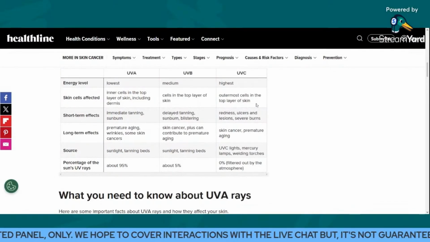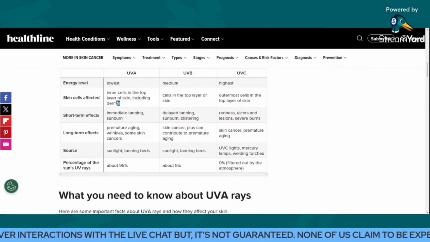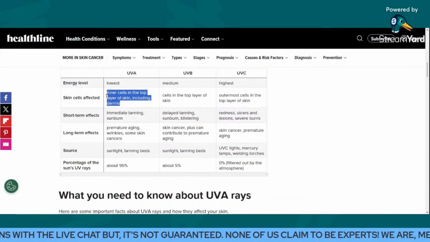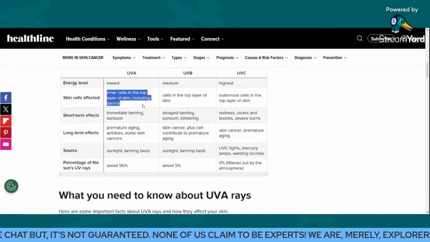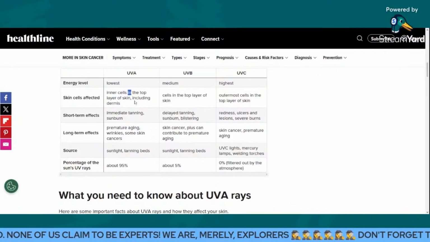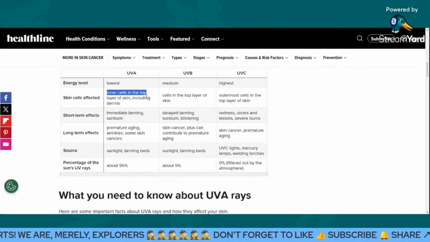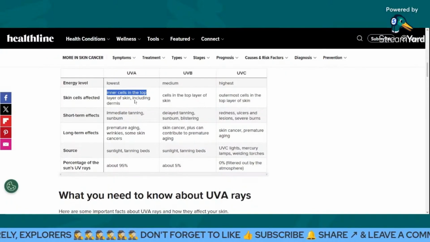So UVA actually goes deeper than the surface because it's in the inner cells in the top layer. So it's not outer cells.